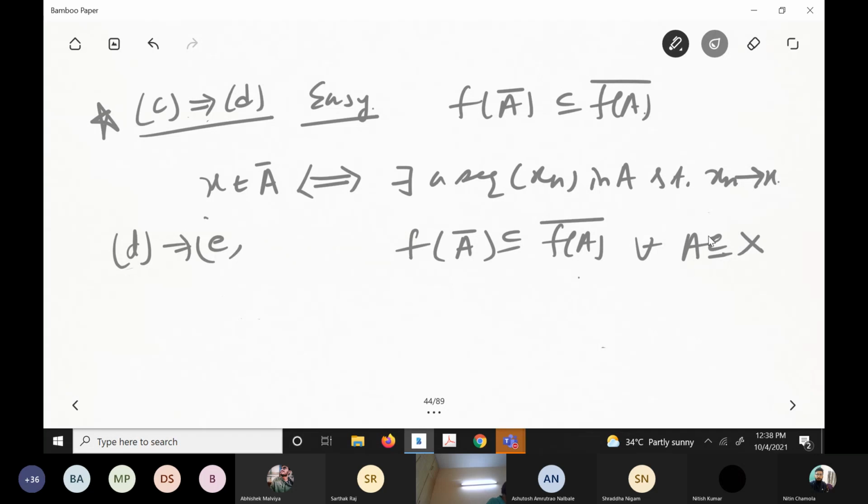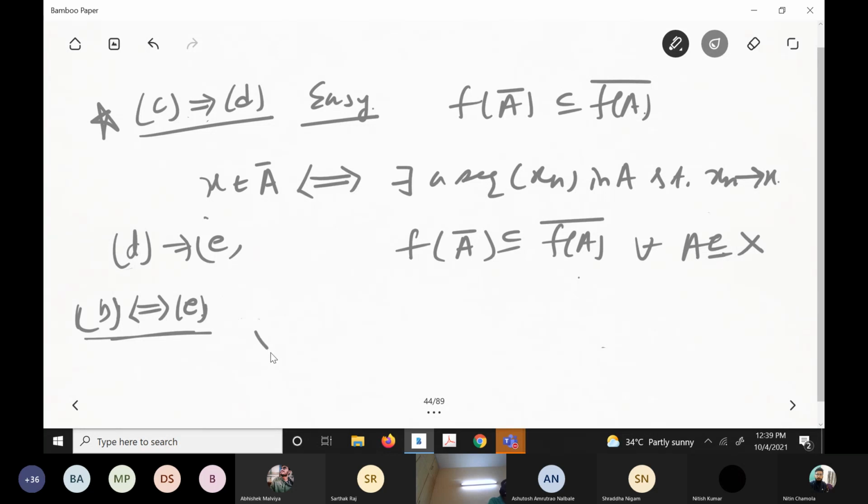Compare with B. Since closed sets and open sets are dual, you can prove it immediately. Here you should understand the equivalence of E.